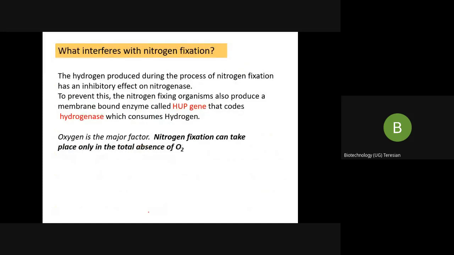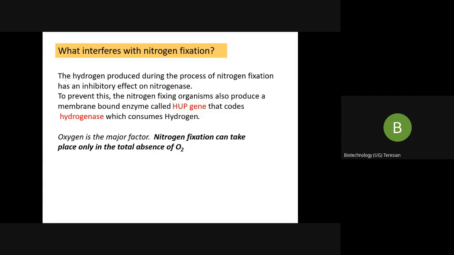So the other question we need to ask is, what interferes with the nitrogen fixation? As you all know, oxygen is the enemy, we told. But let us see one more enemy of this nitrogen fixation. The hydrogen produced during the process of nitrogen fixation has an inhibitory effect on the nitrogenase.